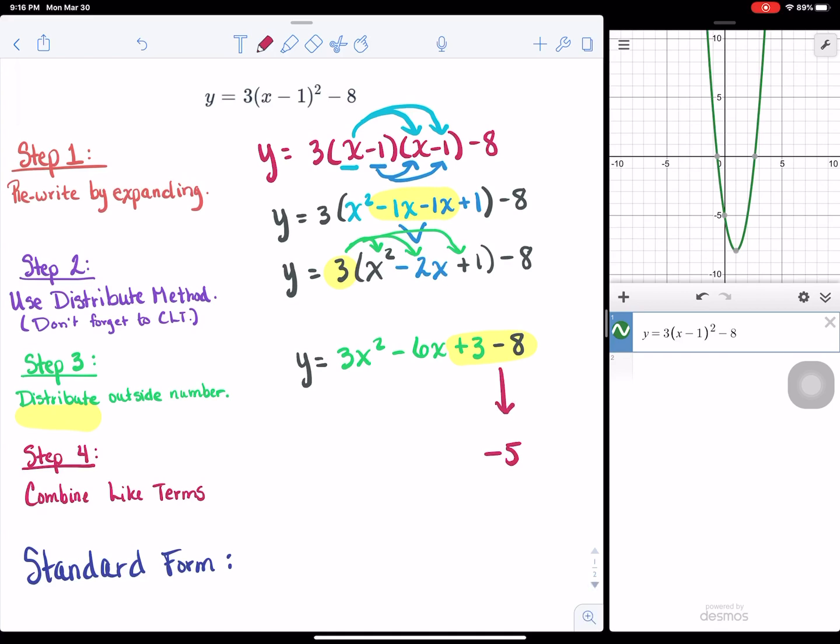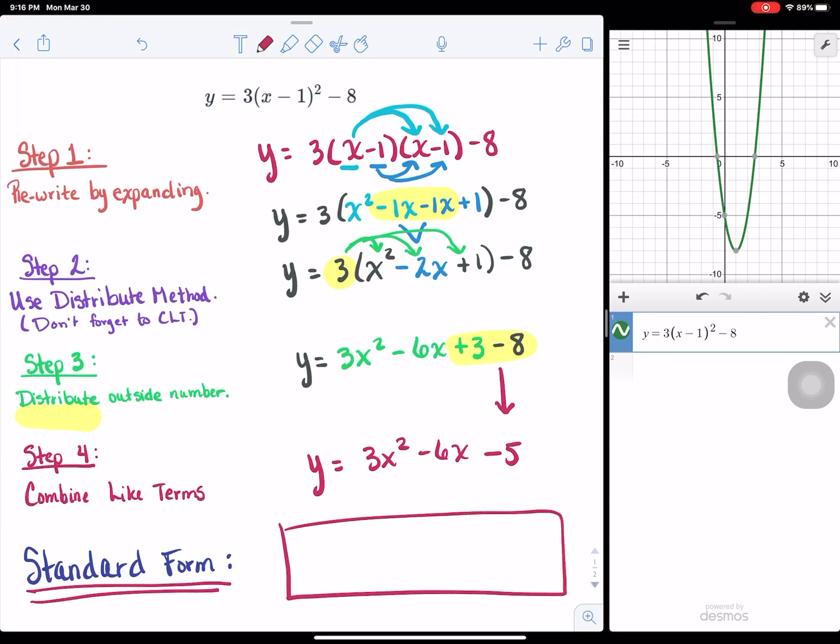So I'm going to bring the rest of it down. y equals 3x squared minus 6x. Now we have finished and written it in standard form. So we have y equals 3x squared minus 6x minus 5.